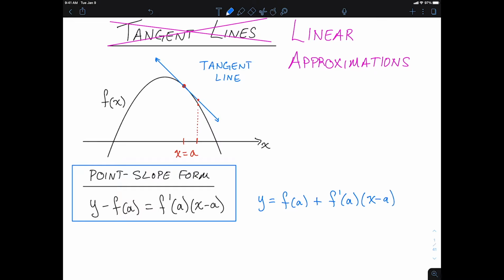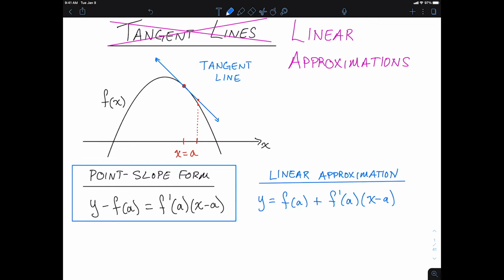They call this the linear approximation or the tangent line. And when we use this tangent line to approximate a function value, then it's known as a linear approximation. So the difference between a tangent line and a linear approximation is effectively what you're doing with that object. If you're using it to approximate a function value, then the tangent line is a linear approximation.